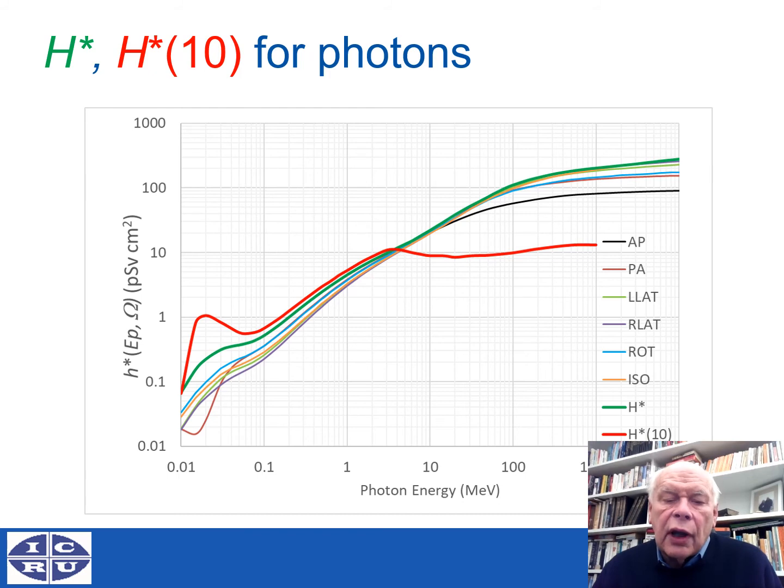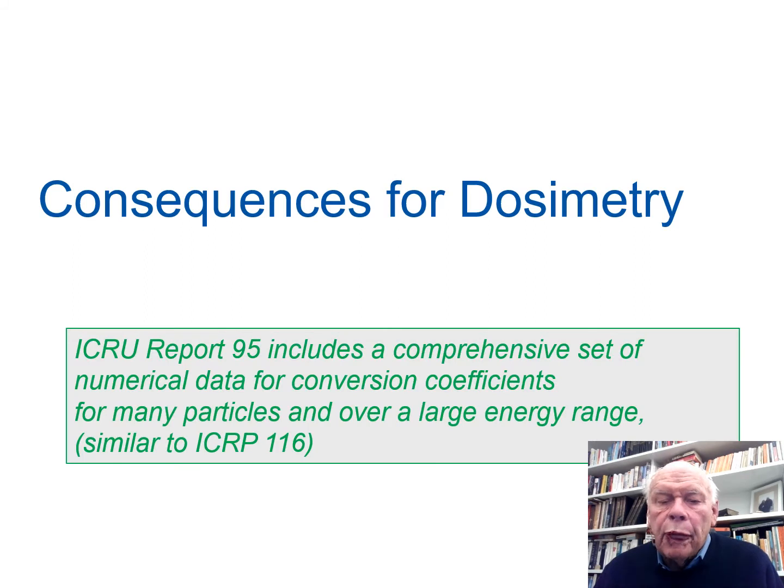Here you recognize the curve which I showed earlier for personal dose equivalent, and the green curve is the curve for the new quantity, personal dose. And you can see, of course, that over the entire energy range, which is about, I think, 6 orders of magnitude, this new quantity is a very good estimator of effective dose.